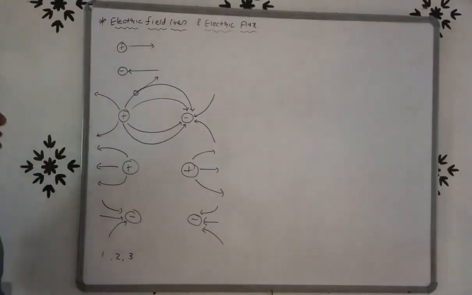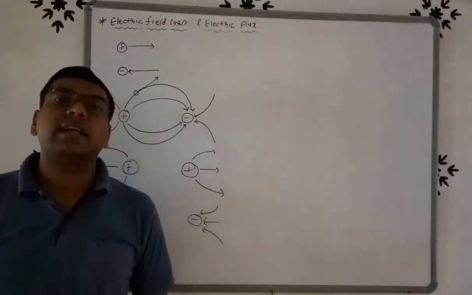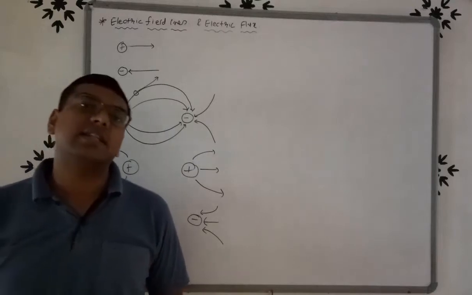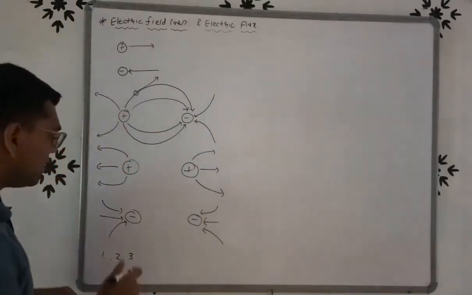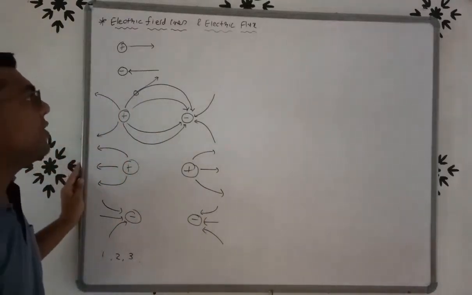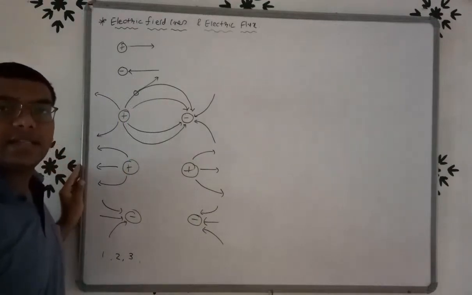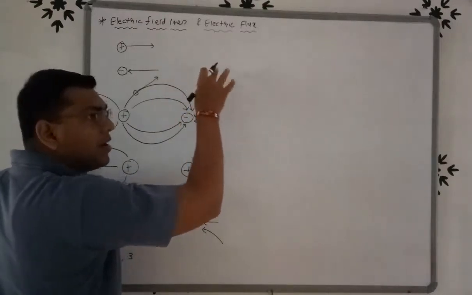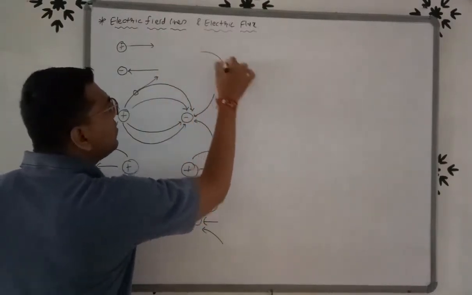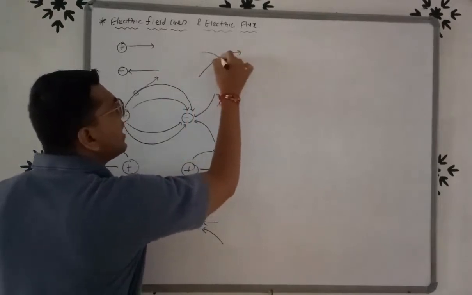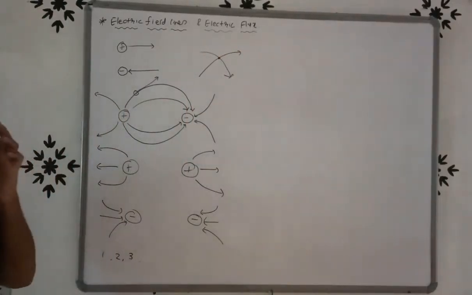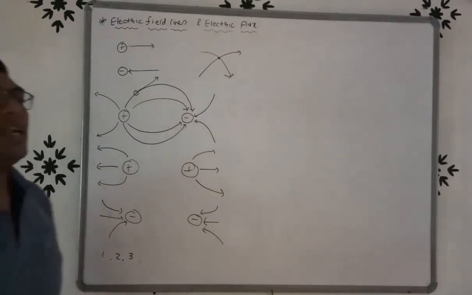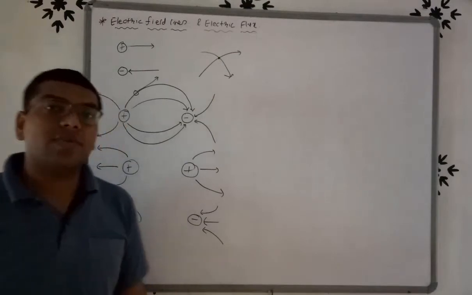Third, electric field lines don't intersect each other. Why? This does not happen here, but suppose the field lines intersect like this at this point. We already discussed that if we draw a tangent to the electric field lines, it gives the direction of electric field.